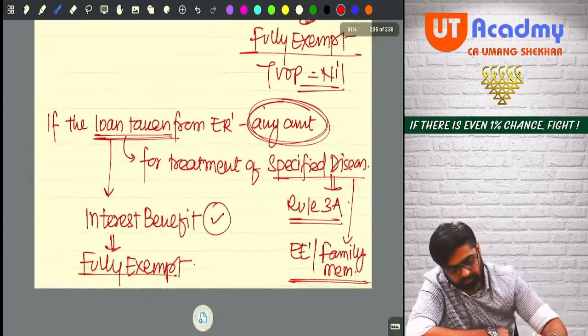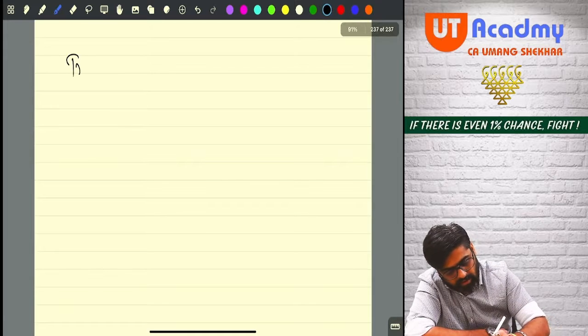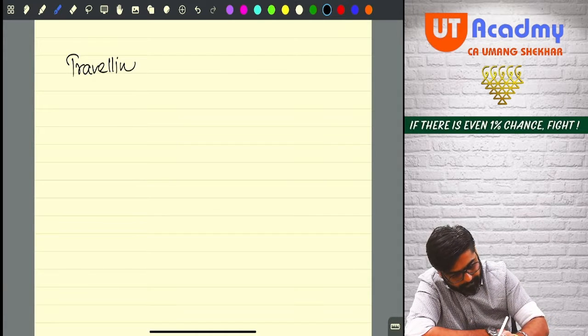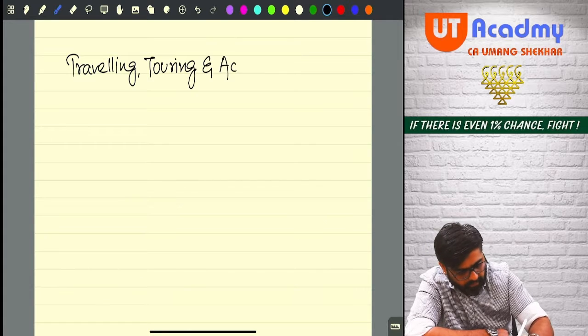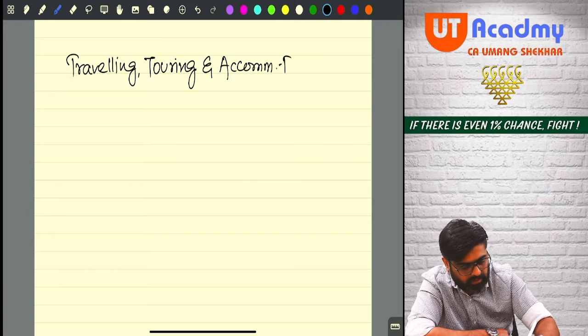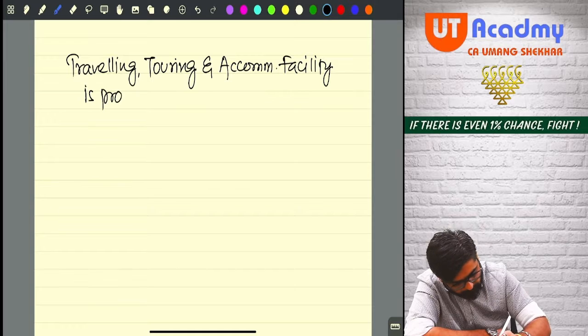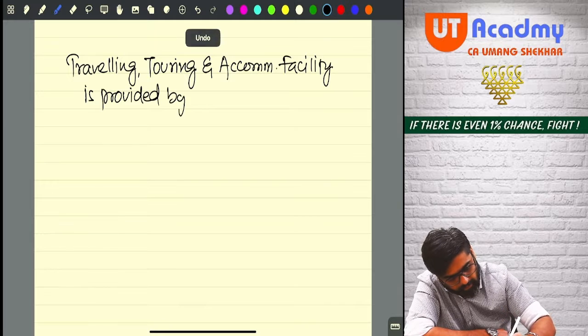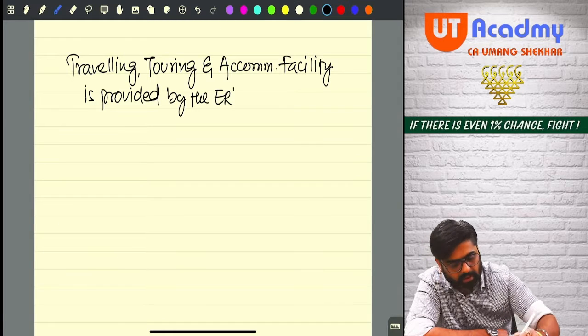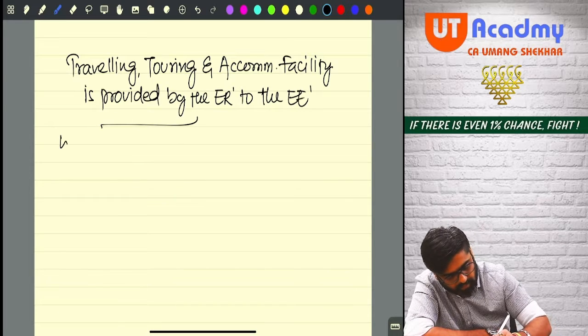So if traveling, touring and accommodation facility is provided by the employer to the employee while the employee is on what?